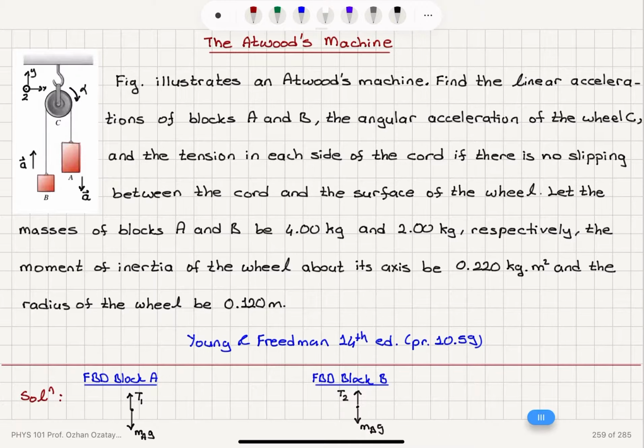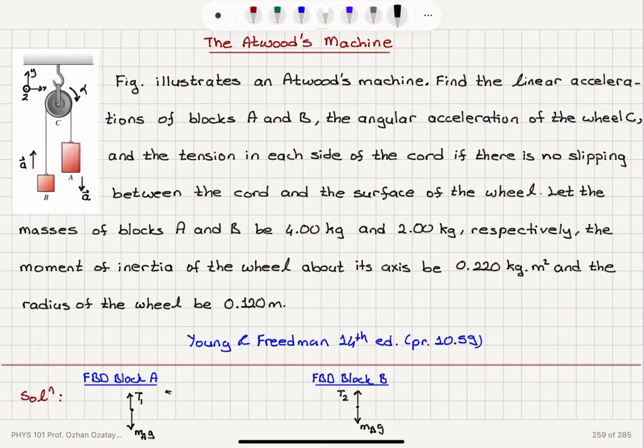Okay, so if I look at the free body diagram of block A, there will be a tension T1 acting on it, and there will be the weight MA times G pointing down. If I look at the free body diagram of block B, there will be a tension T2 acting up and MB times G acting down. So these two free body diagrams give me the following result.